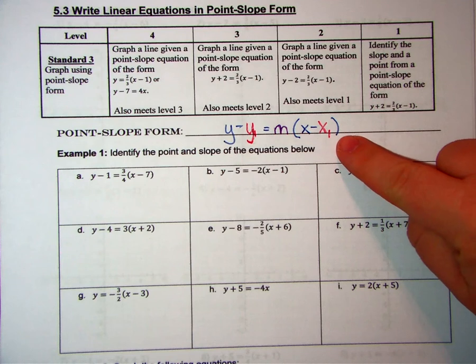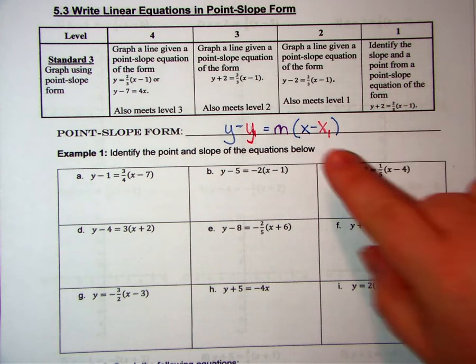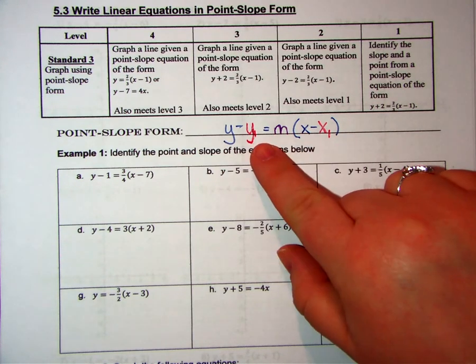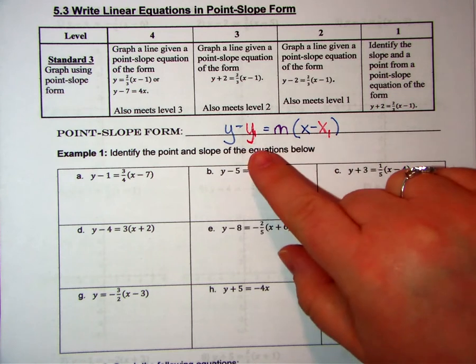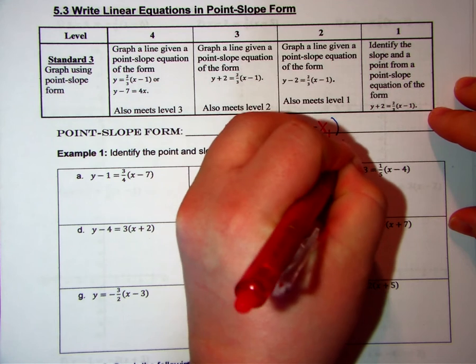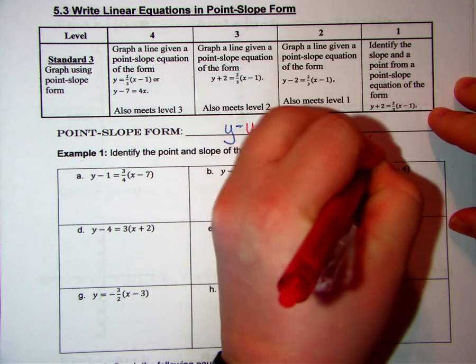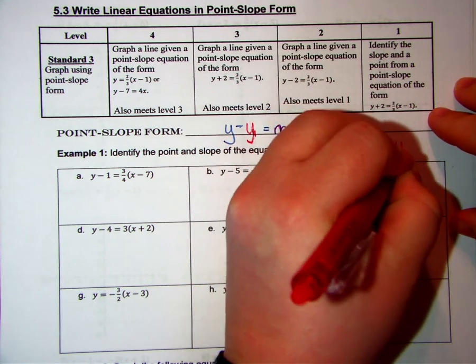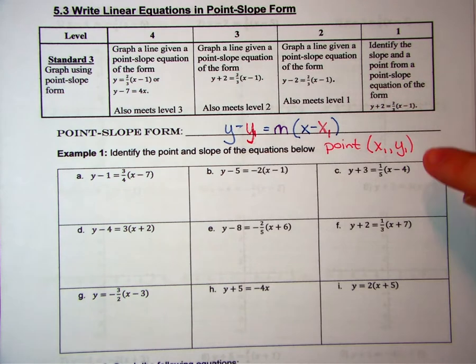This is what point slope form looks like. This x1 and y1 that I have written in red is our point. And remember, when we write our points, we write them with parentheses, a comma in between, x first, then y.